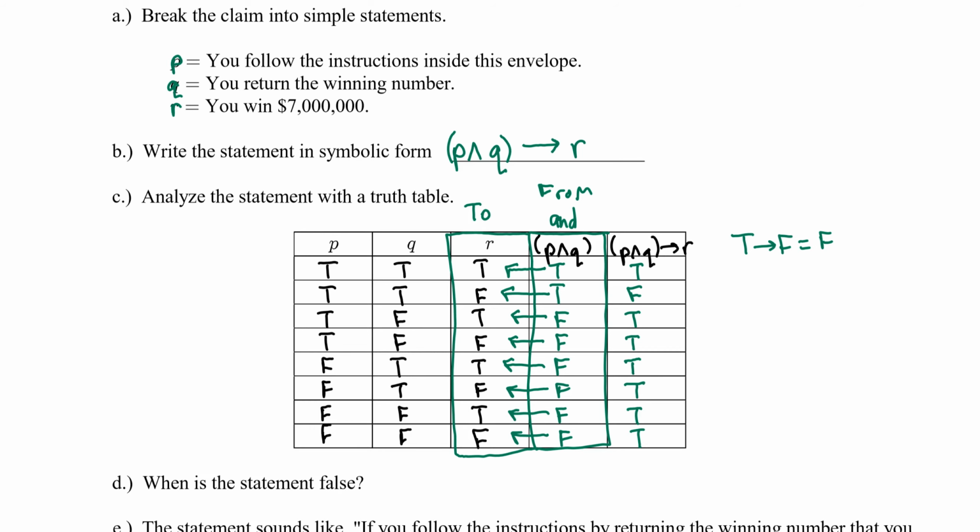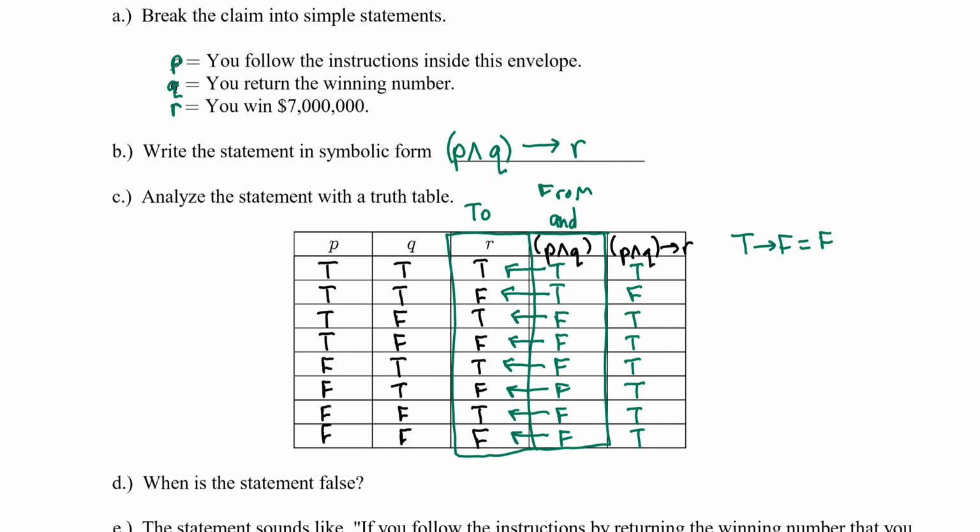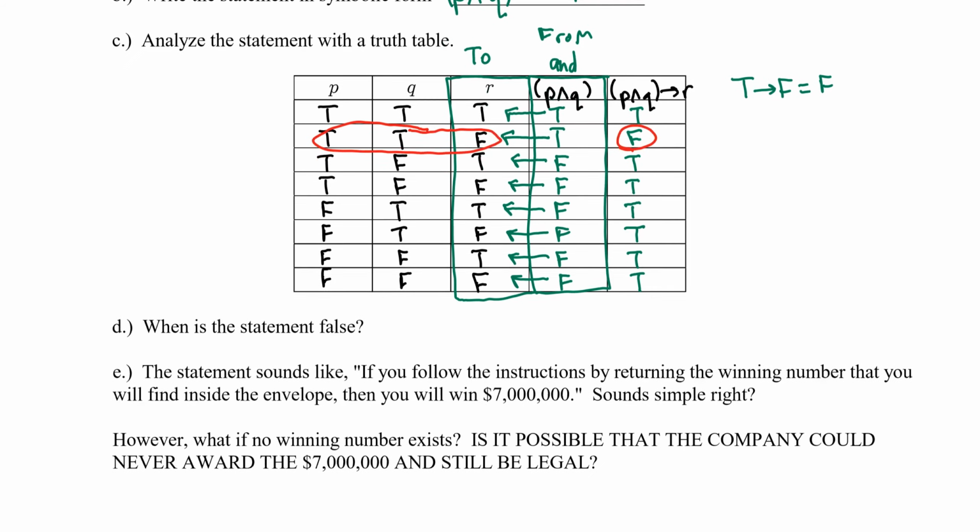Judging from the last column in this truth table, is this statement a tautology? Is it guaranteed to always be true? No, there is a situation where the statement is false. If we look at this false conclusion, it's under these specific conditions. So under what conditions is the statement false?